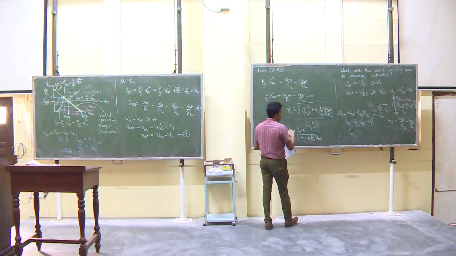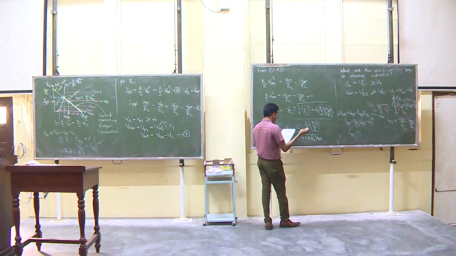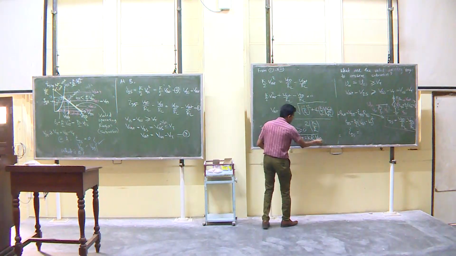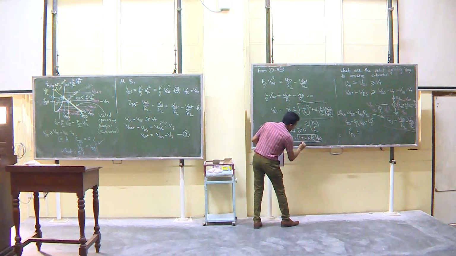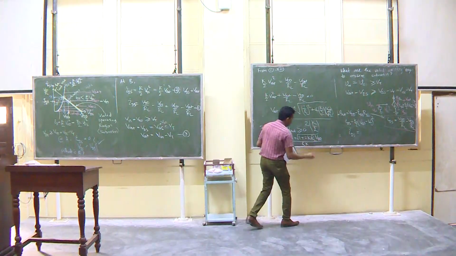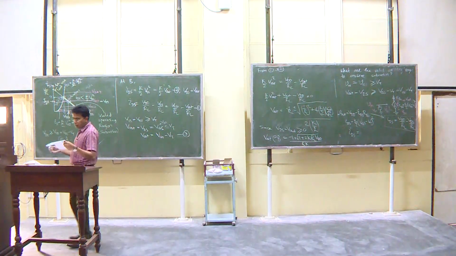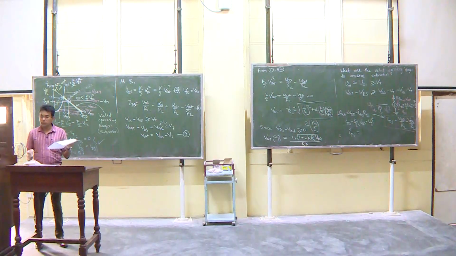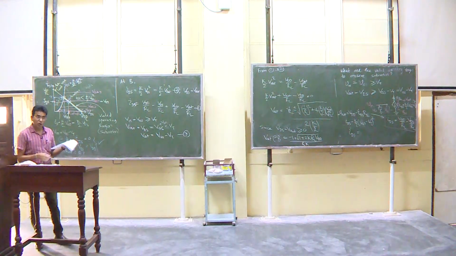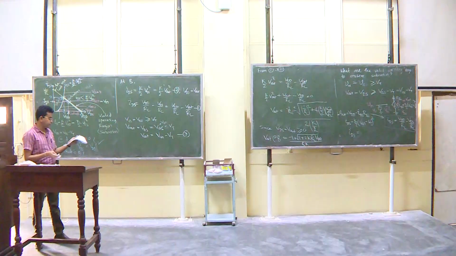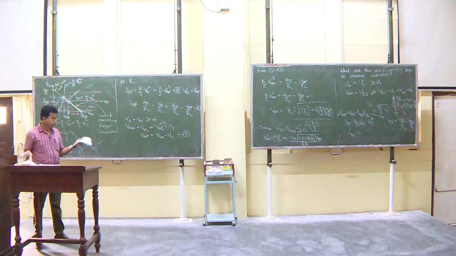I am just doing some simple simplifications here. Please follow that. I guess it's not that hard. Divided by RL times K. Okay. So that should be the V out. This is the value of the output voltage. Okay.